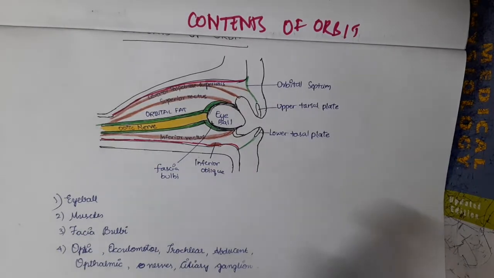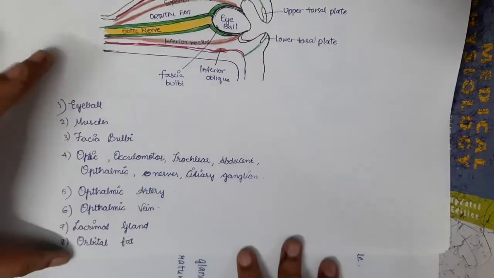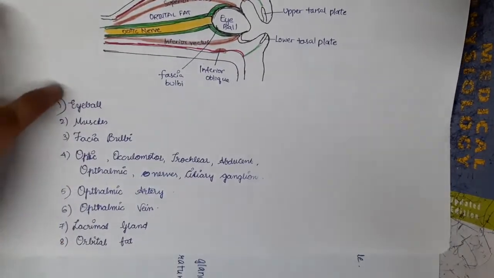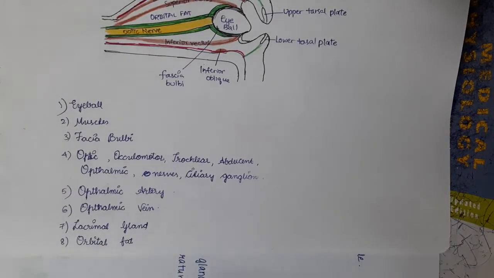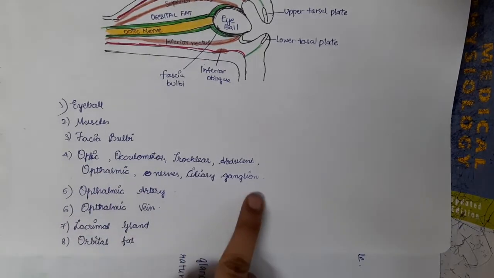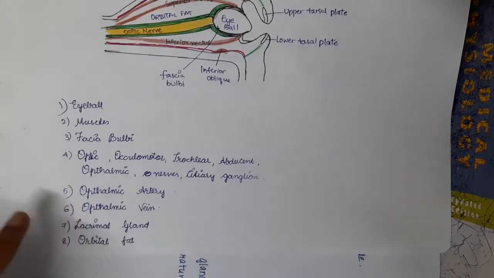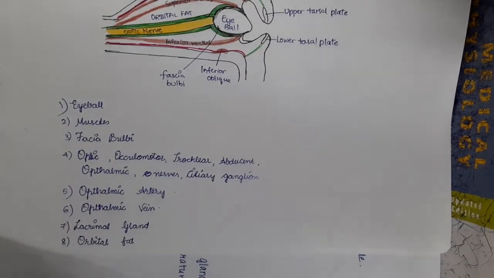And also nerves: optic nerve, oculomotor nerve, trochlear nerve, abducent nerve. So these are the contents of the orbit: eyeball, muscles, fascia bulbi, optic, oculomotor, trochlear, abducent, ophthalmic nerves and ciliary ganglion, ophthalmic artery, ophthalmic vein, lacrimal gland and orbital fat.